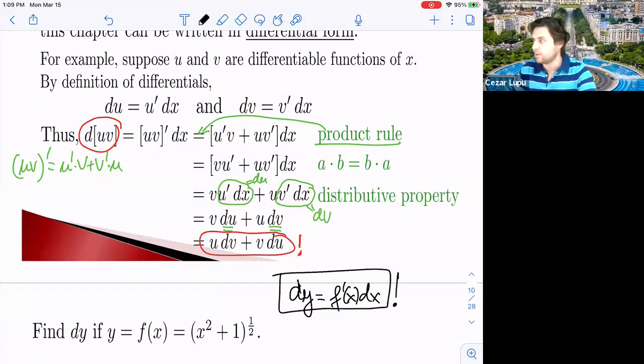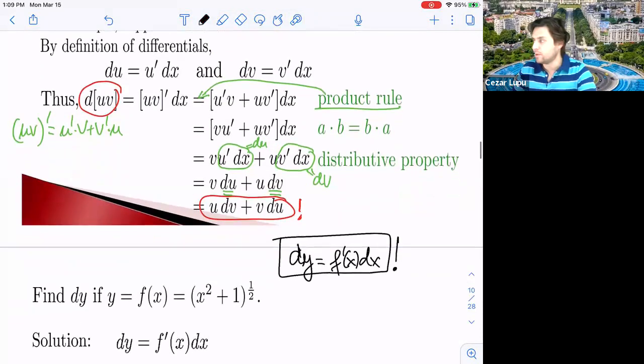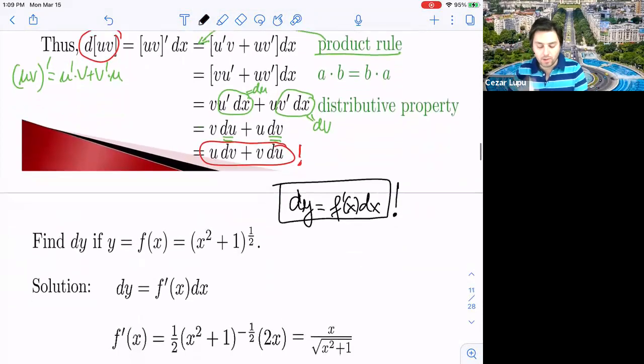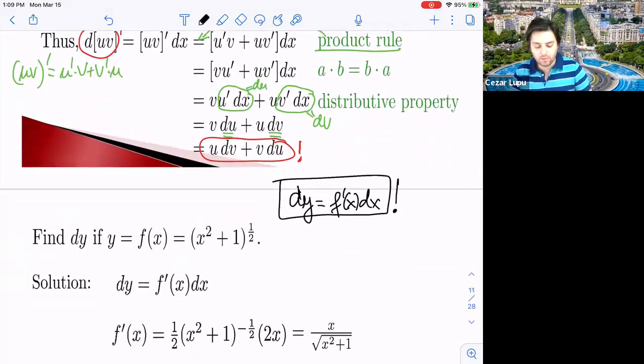Exactly, that's it. Okay, so let's write this. So dy is f prime of x dx. And now we can compute the derivative, and there is no problem. We can apply the chain rule here. When we compute the derivative, I think we've done this. Remember that. So here we apply the chain rule.